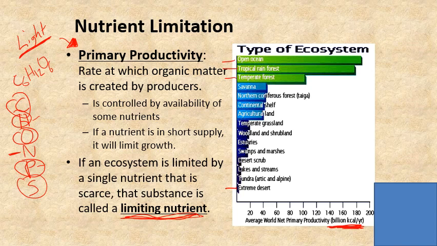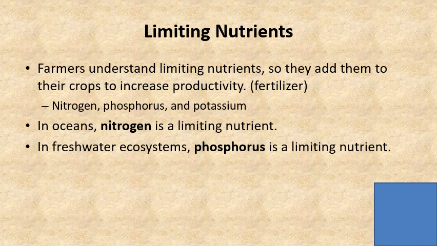So that's like your track team is only as fast as your slowest person. So if limiting nutrients set the ceiling for what an ecosystem can produce, if you increase those limiting nutrients, you can then produce more calories, more materials, more biomass, and more tissue.